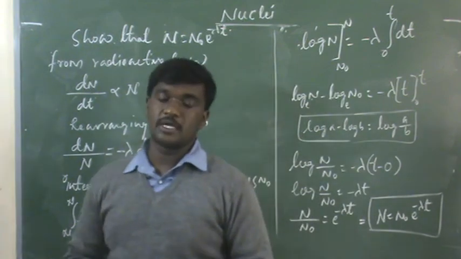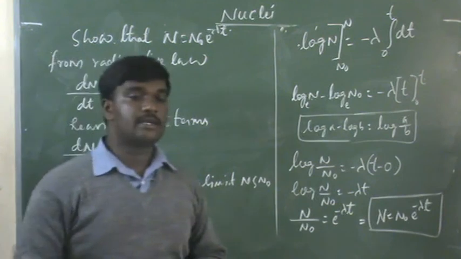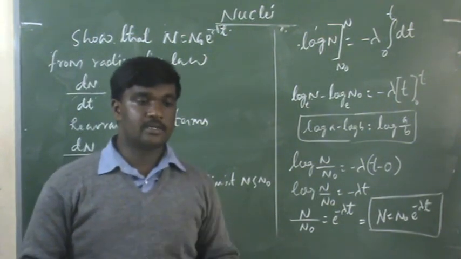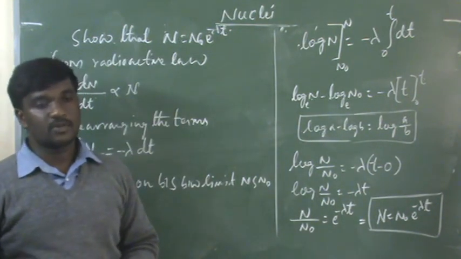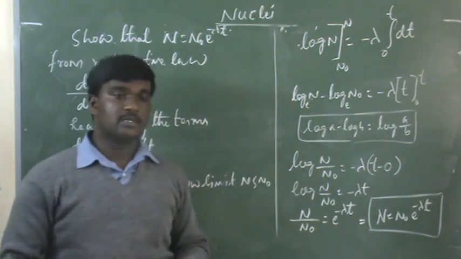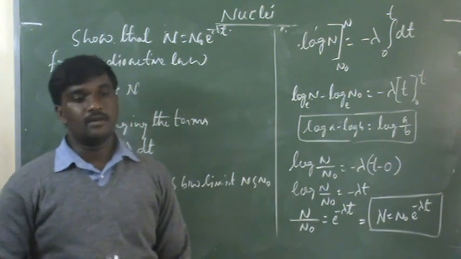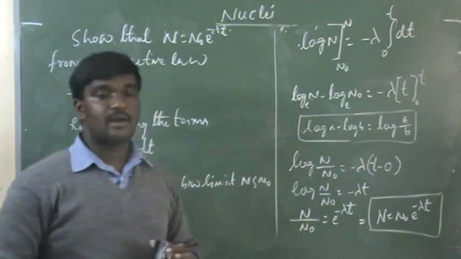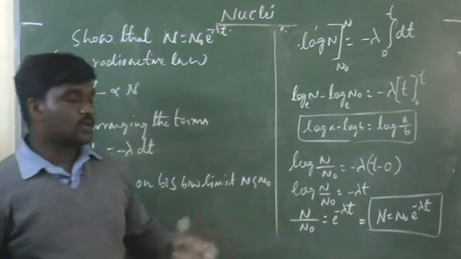This phenomenon is discovered by Henry Becquerel. Under the radioactive decay law, the rate of decay of the substance at any instant is directly proportional to the number of parent atoms present, so dN by dt is directly proportional to N. Based on that decay law, we derive N equals N naught e to the power of minus lambda t. Clear?